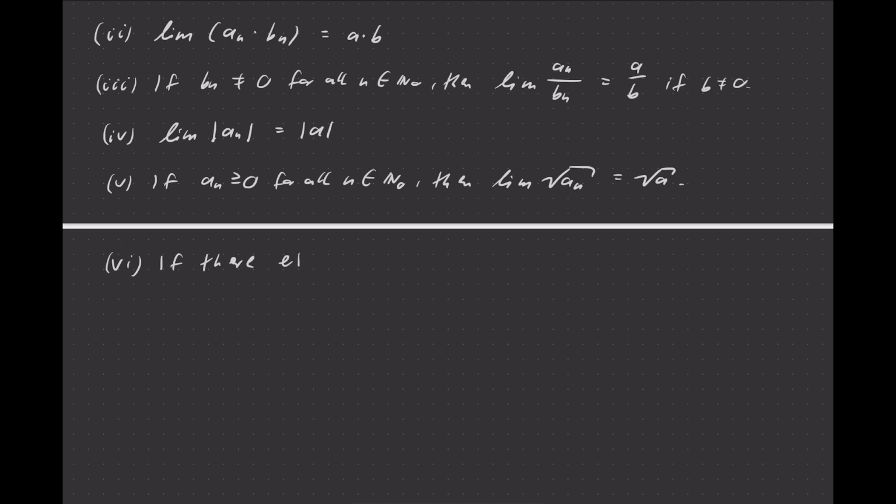So if there exists some capital N in N0 such that a_n is less or equal to b_n for all indices that are at least capital N, then also the limit will obey this inequality here.